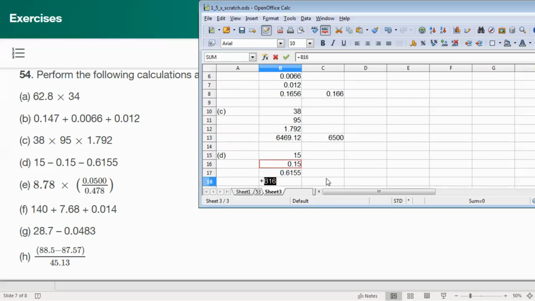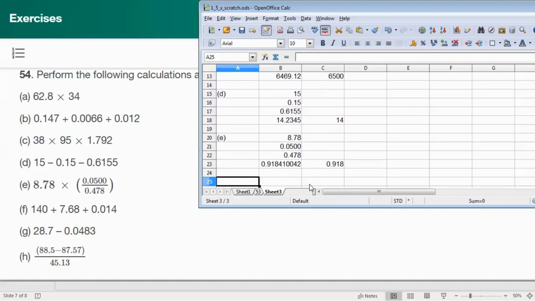So the answer is this minus this minus this, and we want zero digits past the decimal point because the figure with the least number of digits past the decimal point is this number here, and it has zero digits past the decimal point. So the answer should be 15. I'm sorry, should be 14. Apologies. And we already did E.